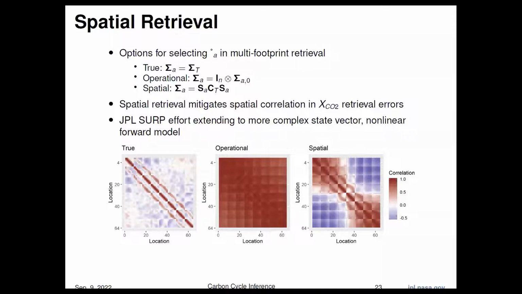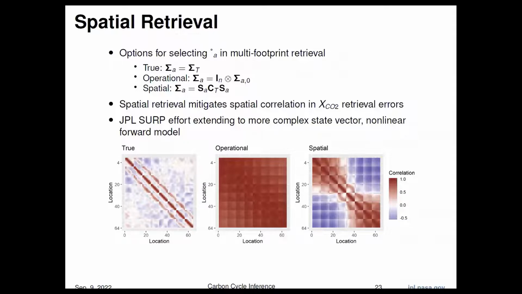Now, the other thing that I didn't really show here, but we took a close look at, is that these different choices also impact the bias in the retrieval. The short story here is that in the true case, if mu T is not equal to mu A, we're probably being too optimistic, and we're going to get some bias in the retrieval when we use this approach.